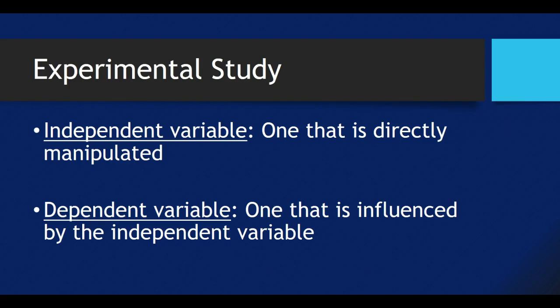So it is the variable that says, well, what type of placebo did you get? Or did you get the real treatment? All right, so the variable is real treatment versus placebo. The dependent variable is the outcome. That's like, well, how fast did you get better? So it's the variable that is influenced by the independent variable.